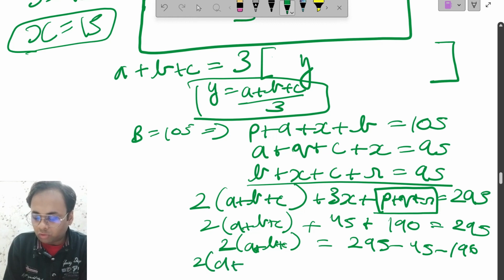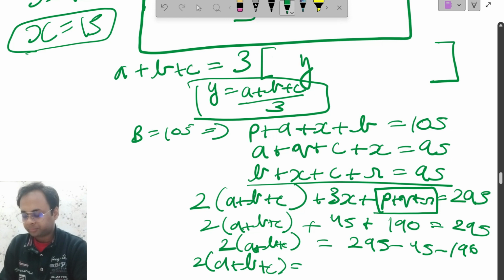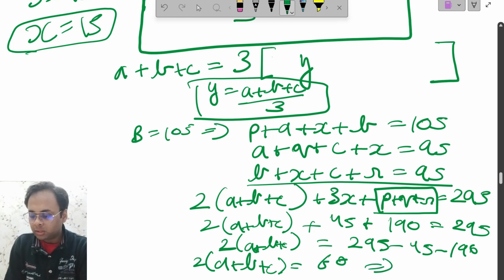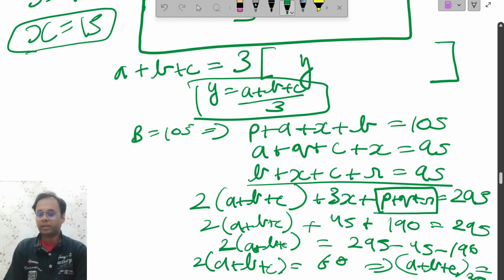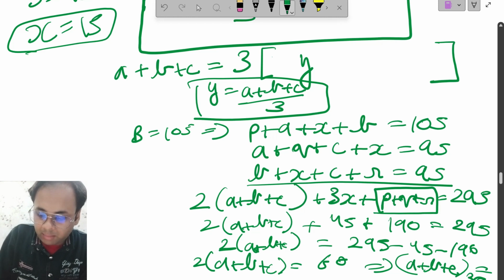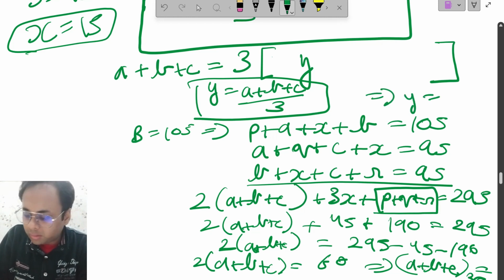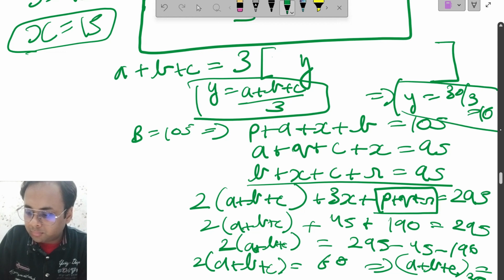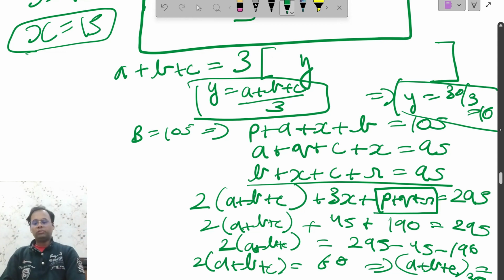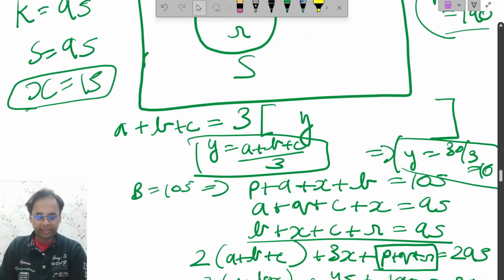So twice of A plus B plus C comes up 60. It means A plus B plus C comes up 30. And we have Y marked as A plus B plus C by 3, which means Y comes up 30 by 3, that is 10. So the number of pilgrims who have not visited any of the 3 shrines is 10.